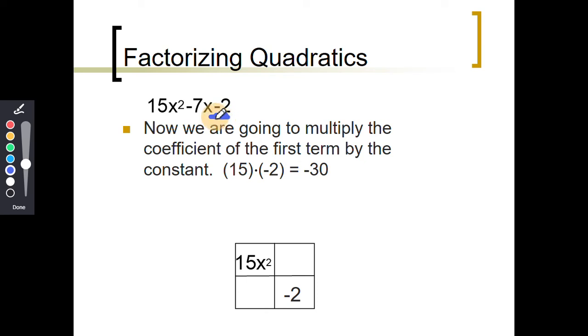Alright, so we're going to multiply this number, negative 2, and this number that comes before x squared. Alright, and when we do so, we are going to get negative 30. Okay, that's the first thing that we do. We multiply those two numbers. That's the first step.